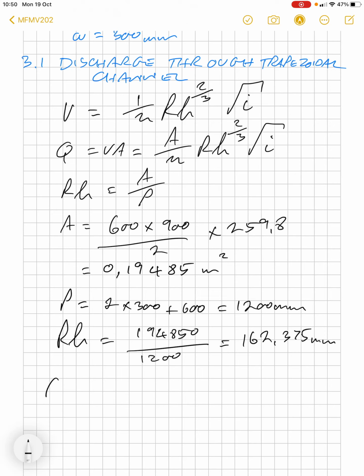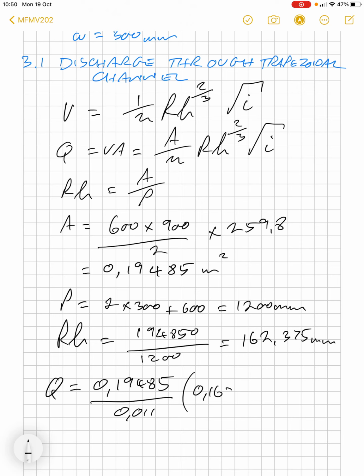So going back to our discharge formula, Q is therefore equal to 0.19485, which is our area. Manning constant is 0.011.